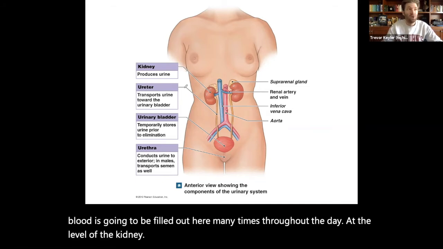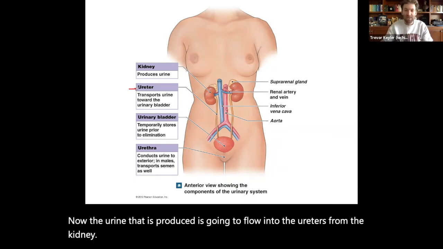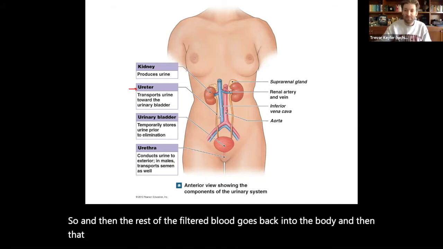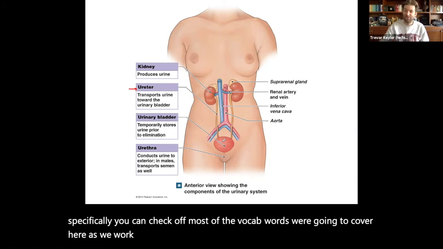Now, the urine that is produced is going to flow into the ureters from the kidney. The rest of the filtered blood goes back into the body, and the urine goes into the ureters and heads to the bladder, the urinary bladder specifically. You can check off most of the vocab words we're going to cover as we work through this lecture, with your structures list.